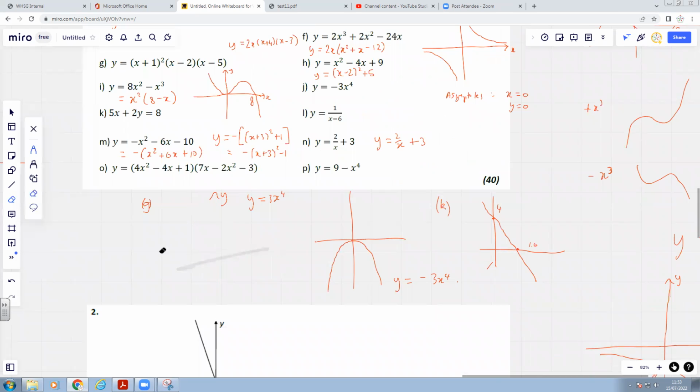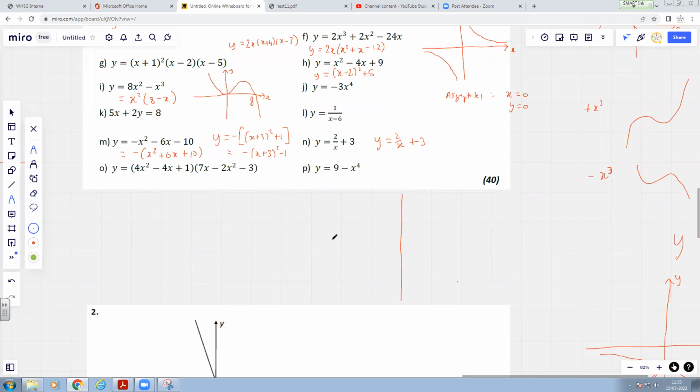So once again, let me just give myself some more space. Down here maybe this time. What we've got here, we're just going to take 2 over x, which would look like something like that.